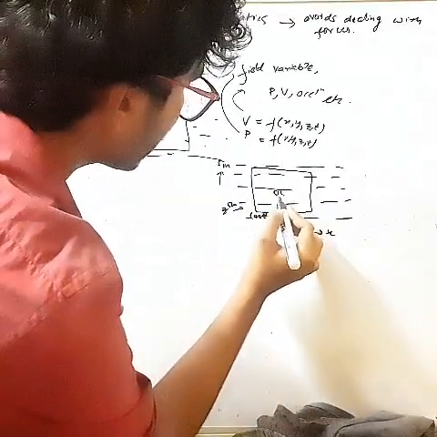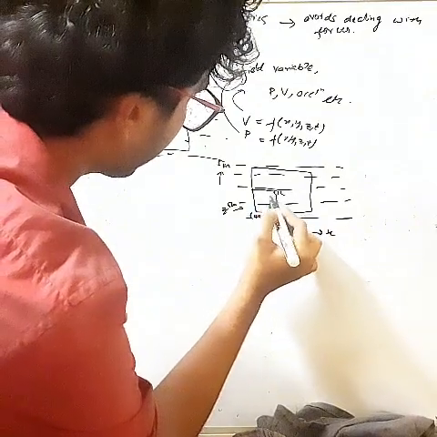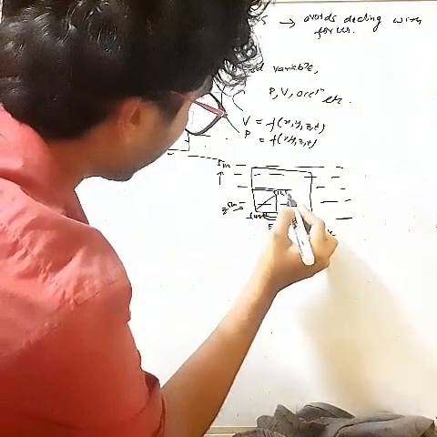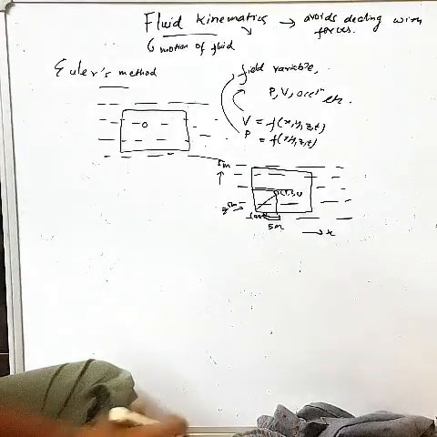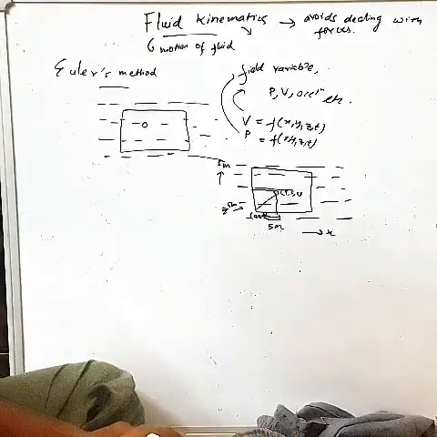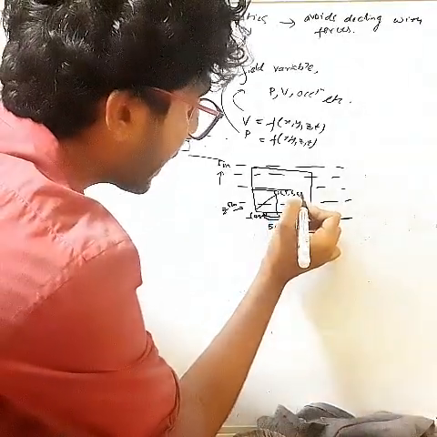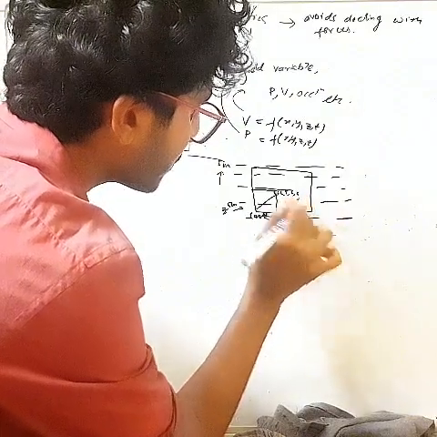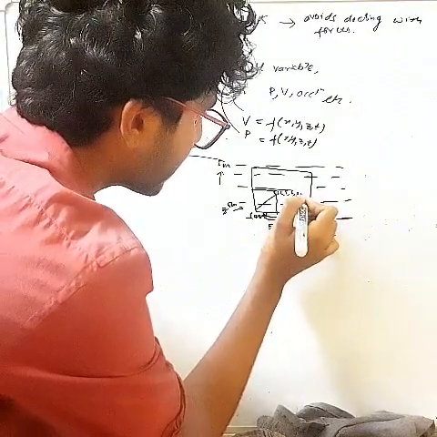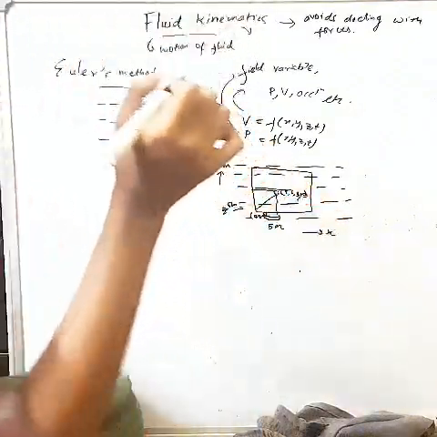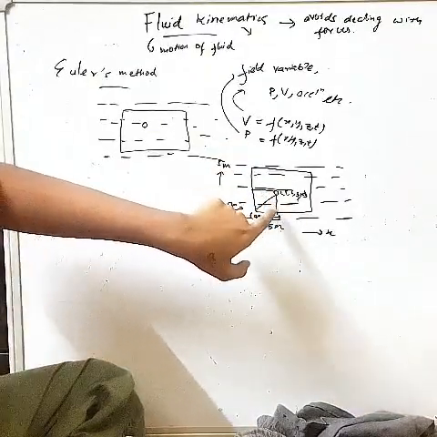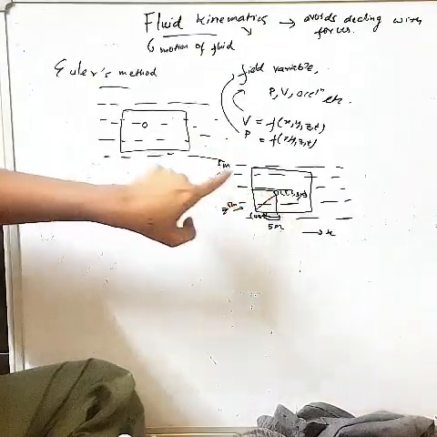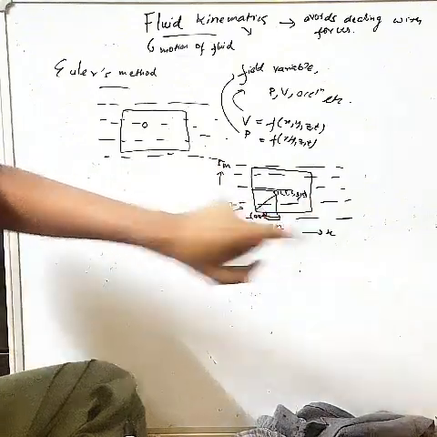So what is the position? 5, 5, 5. It's this simple. And at time, let us suppose, 10 seconds, the position of this particle is 5, 5, 5, 10.